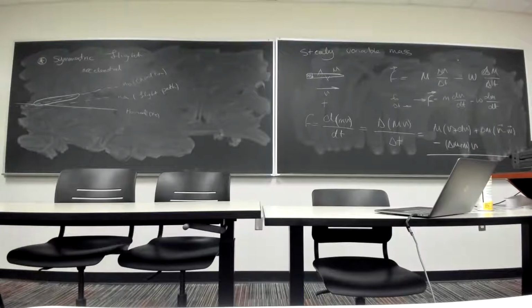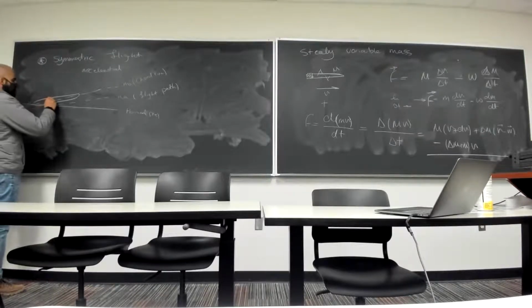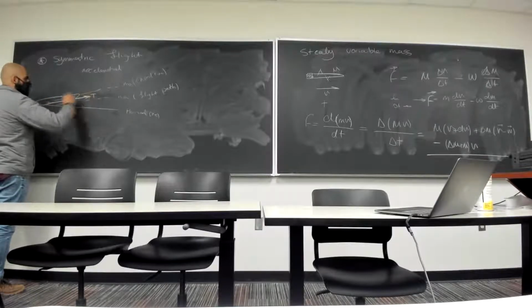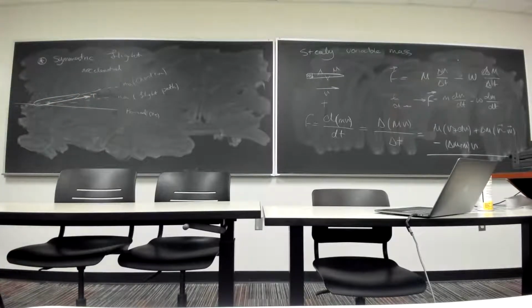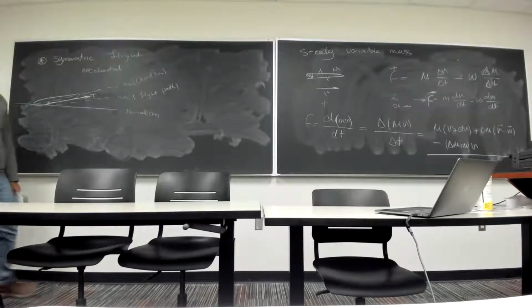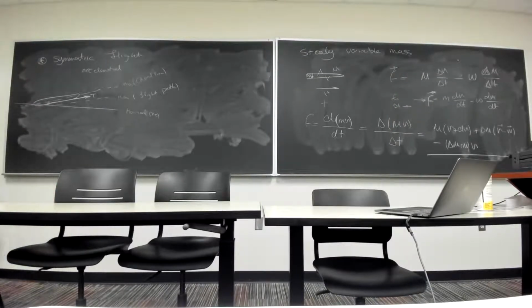We already know that. What are the angles present here? Someone said that the thrust vector is in the same direction as the chord line, which is not true. It can be in the same direction, but in general the thrust vector is an independent vector. It really depends on the formation of your jet. So what are the angles we have here?